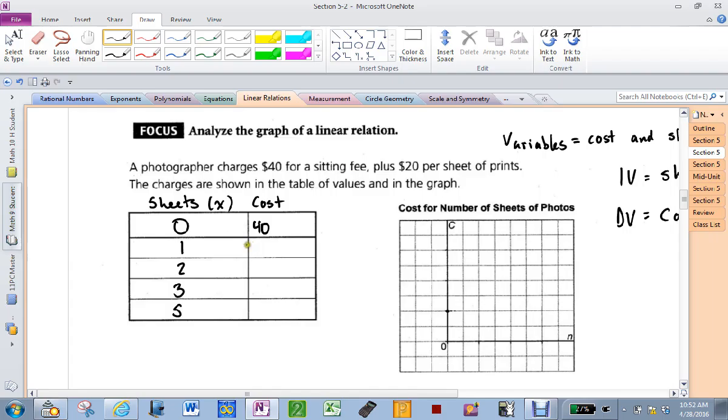If I order one sheet, have I sat for him? So I have to pay the 40 plus 20. Correct? Everyone agree? How many 20s? One of them. What if I order 2 sheets? 20 times 2. 3 sheets.